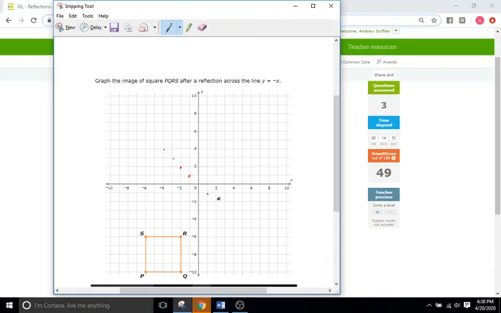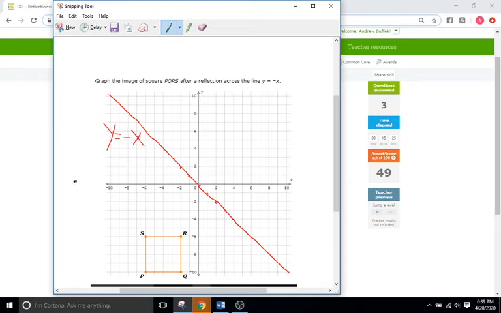Down here, +2, -2, +3, -3, so on and so forth. And when we draw our line through all these points, continuing on through the edge of the graph, we have our line y equals -x.